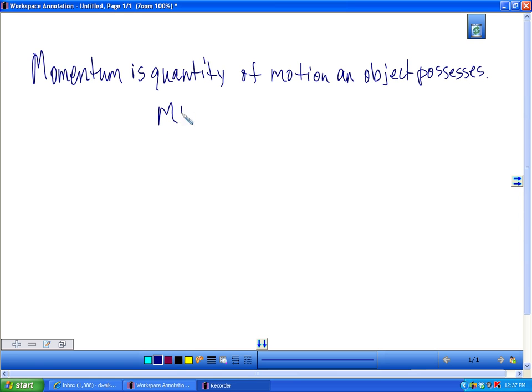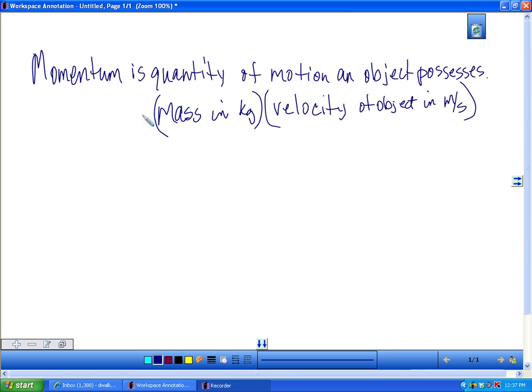It should be the mass of the object in kilograms multiplied by the velocity of the object. So we have to pay attention to the sign, and it needs to be in meters per second. The symbol for momentum is the lowercase p, and I do not know why. The units would be kilogram meters per second.